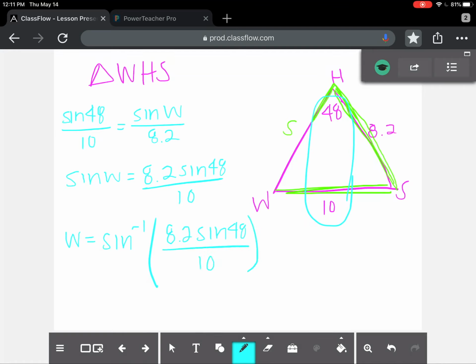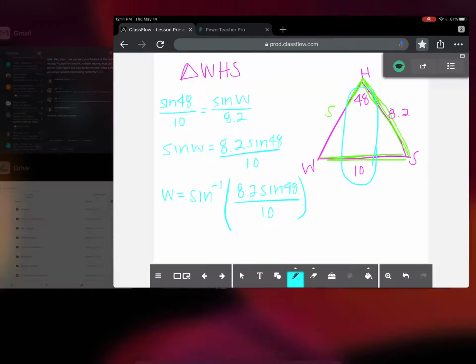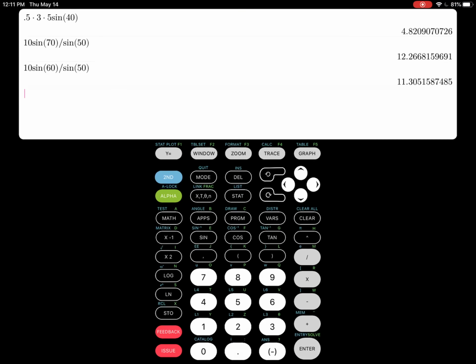How do I find W? Well, this goes back to inverse trig. Remember, when you're looking for an angle measure, you take the inverse sine. So we're going to be taking the inverse sine of 8.2 sine of 48 over 10.